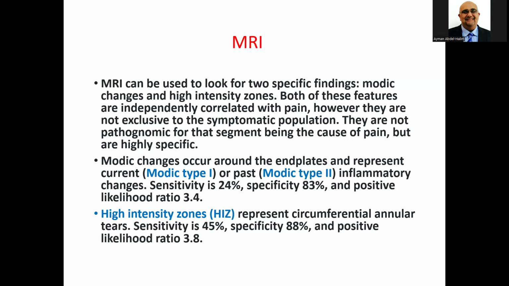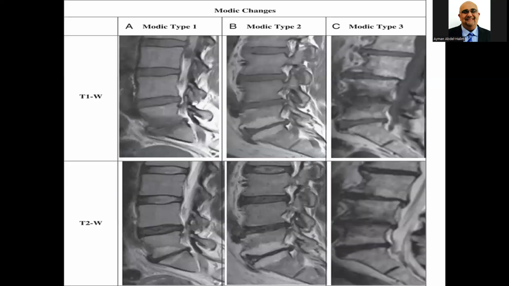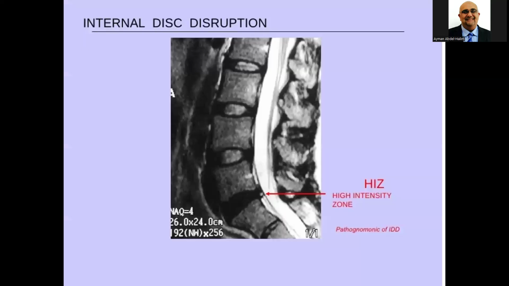Bottom line, modic changes for end plates, high intensity zone for circumferential annular tears. Modic changes, type 1, type 2, and type 3. High intensity zone, HIZ, pathognomonic for annular tear.